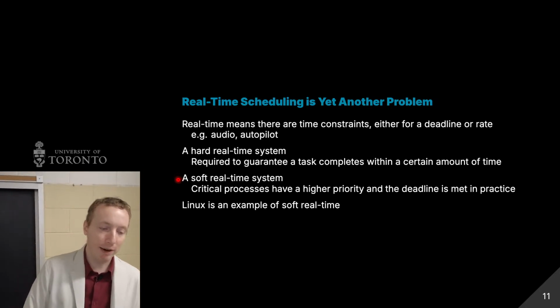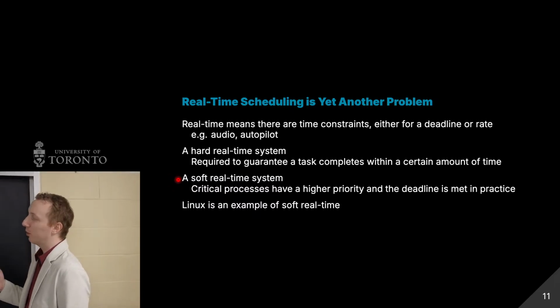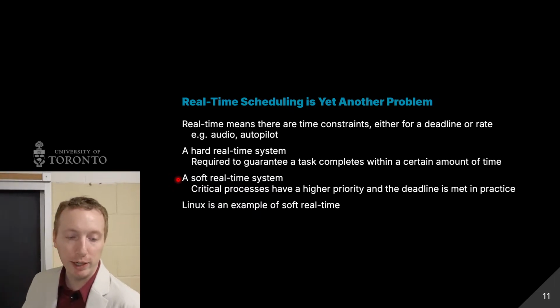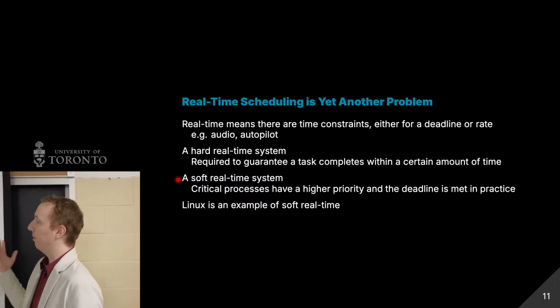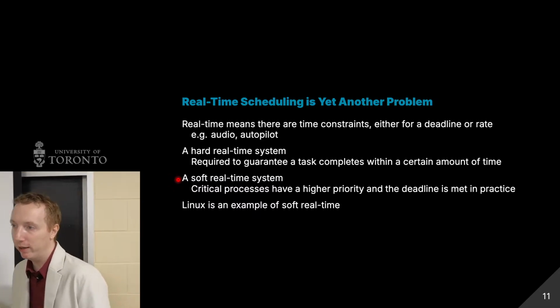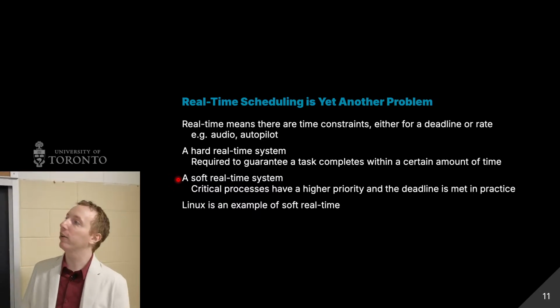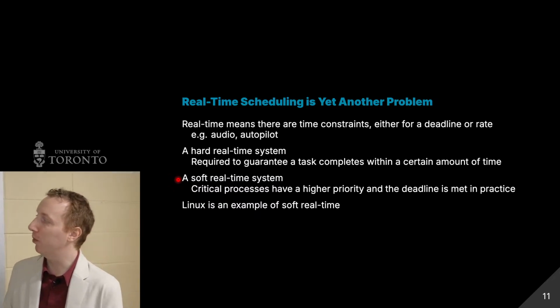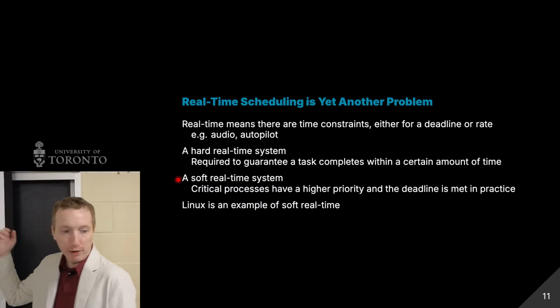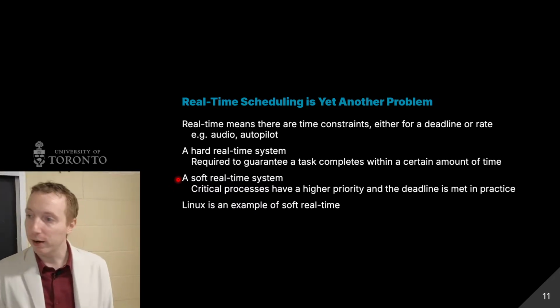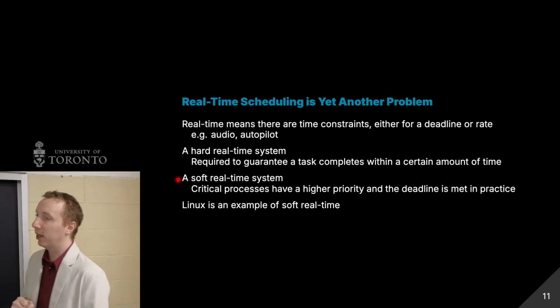And that's a soft real-time system, where your critical processes just have a higher priority. In practice, the deadline's met, but I can't really guarantee anything because the system is just too complicated. Linux is an example of a soft real-time system because there are so many things you can't control.